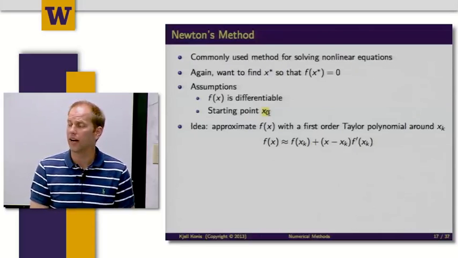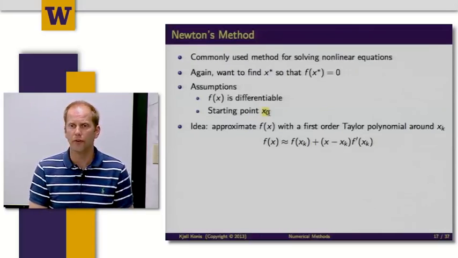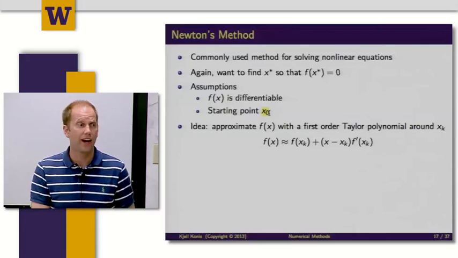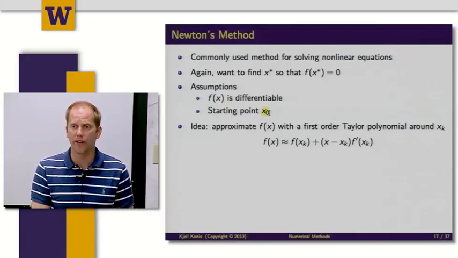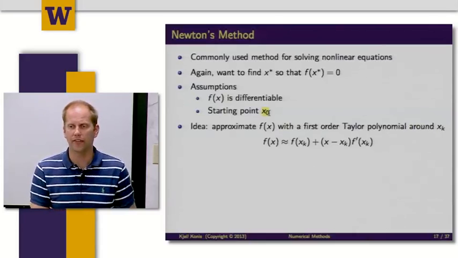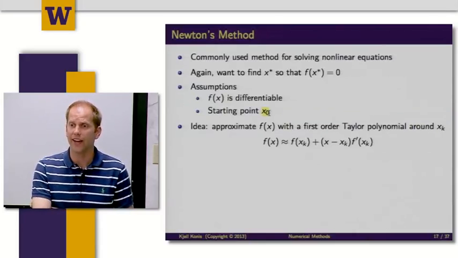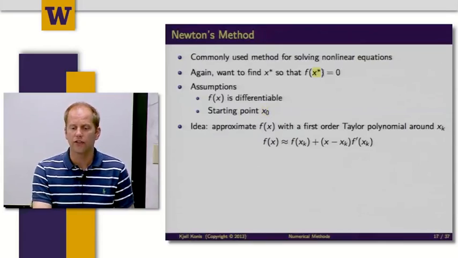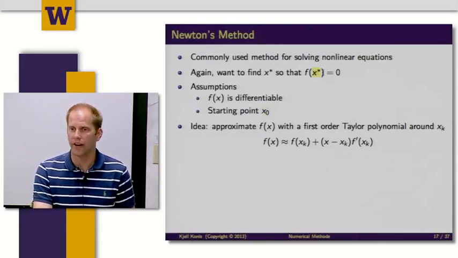I want to have some sort of rule to get a sequence of points. From x0, I want a rule that gives me x1. Then I can plug that value x1 back into my rule, and that's going to give me x2. The idea is I want to build a sequence of points, x1, x2, x3, and so on, that's getting closer and closer to this point x star that I'm trying to calculate.